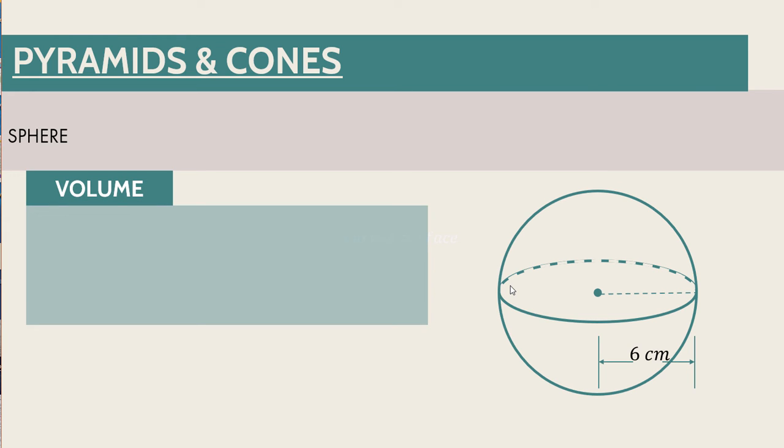So here is the formula for the volume of the sphere. It is equal to 4/3 pi r cubed. And in this sphere, whose radius is 6 centimeters, the volume is going to be 4/3 pi times 6 cubed, which equals 288 pi cubic centimeters.